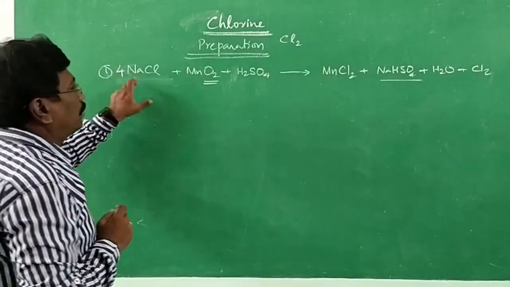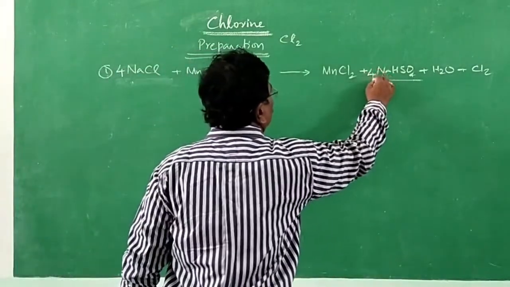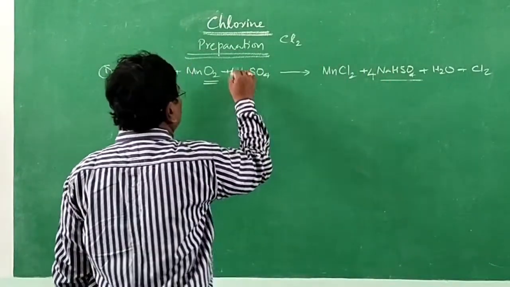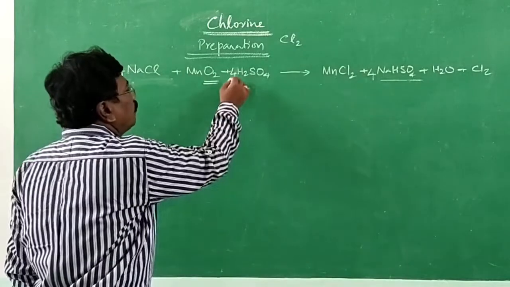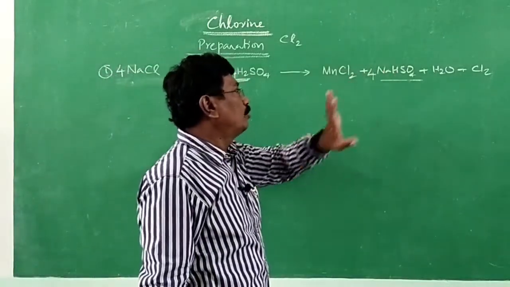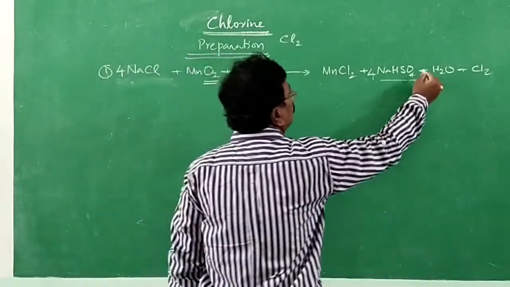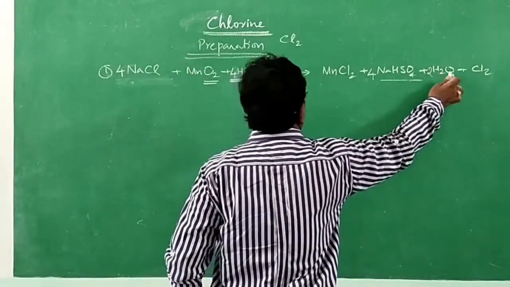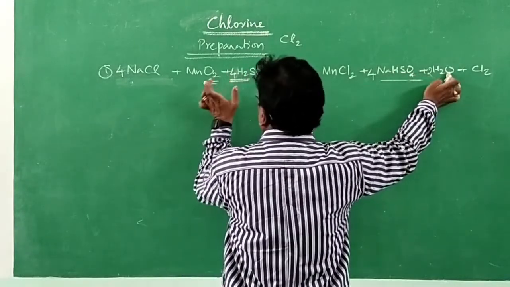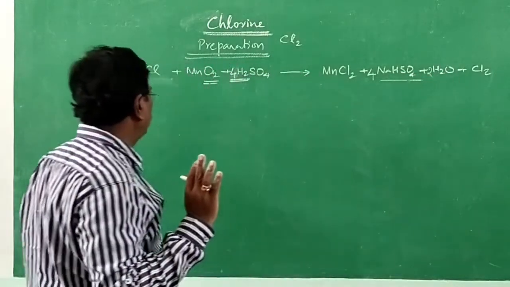Now 4 sodium atoms, therefore 4 NaHSO4. Since 4 sulfate radicals, 4 H2SO4. Out of 8 hydrogen atoms here, 4 are in the form of sodium bisulfate. Remaining 4 should be here, therefore 2 H2O. 4 plus 4, 8 hydrogen. 2 oxygen, balanced equation. Very simple to balance.